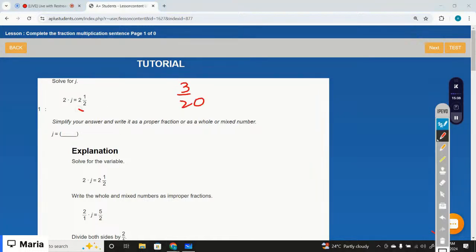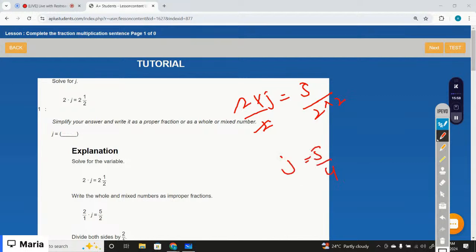Solve this side, that is 2 times 2 and 1, 5 over 2. 2 times j is 5 over 2. 2 is multiplying, so you need to divide both sides by 2. When you divide by 2, 2 and 2 cancel out. So j equals 5 over 4.